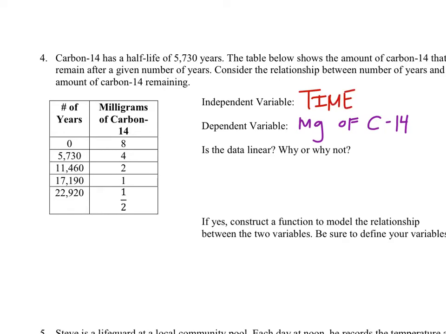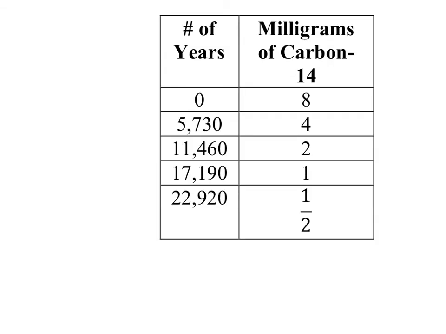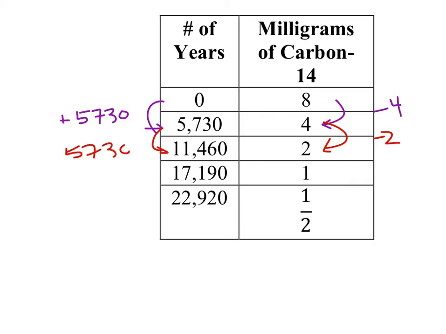So is this linear? Again, we got to look at the table. And we are just looking for a constant rate of change. So between this first set, we have a change of 4, it went down 4 milligrams in 5,730 years. Well, what about the next set? Well, that went down 2 milligrams for 5,730 years.